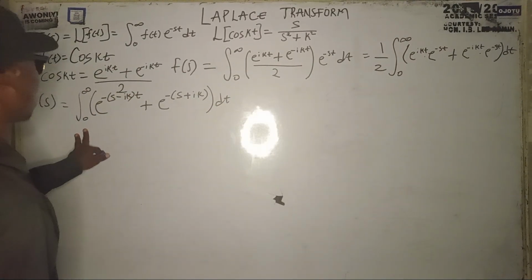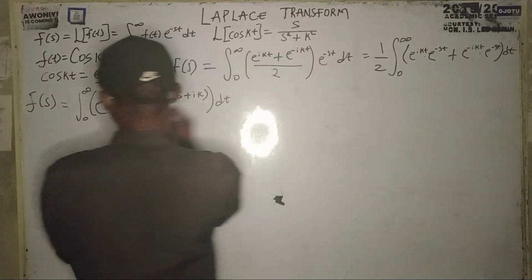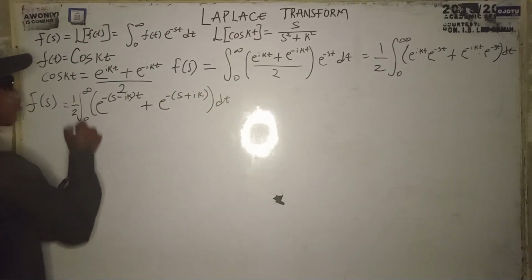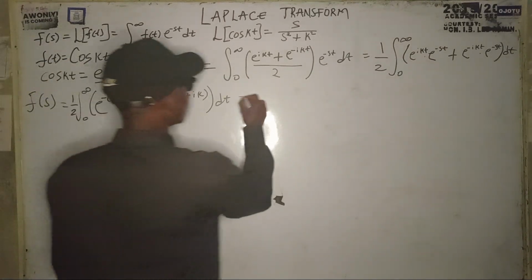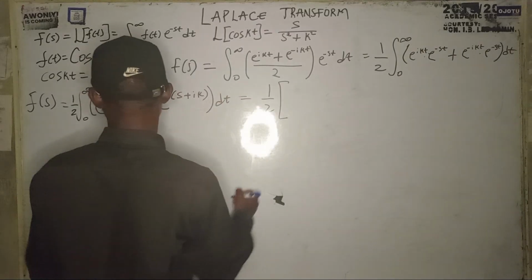So when you do the integration of this, let's not forget our 1 over 2, which is over there. You do the integration of this, we have that 1 over 2 into big brackets.